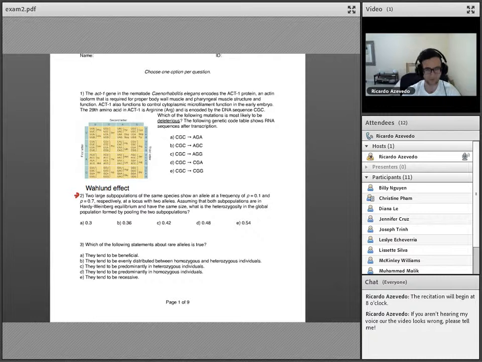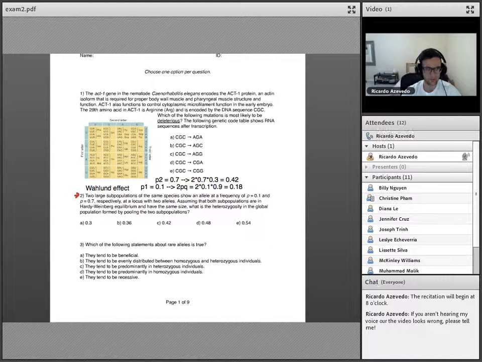Right, so that's for the first population. For the second population, let's call that P2, which was 0.7, heterozygosity would be 2 multiplied by 0.7 multiplied by 0.3, which is 0.42. So now we know the heterozygosity expected, and that should be the actual heterozygosity we observe, given that both populations are in Hardy-Weinberg equilibrium.